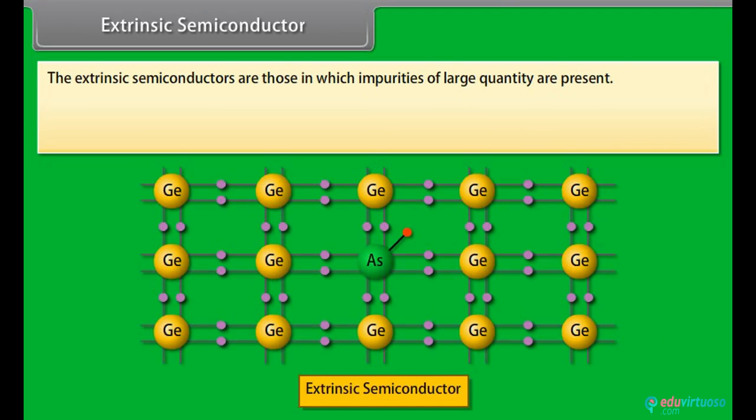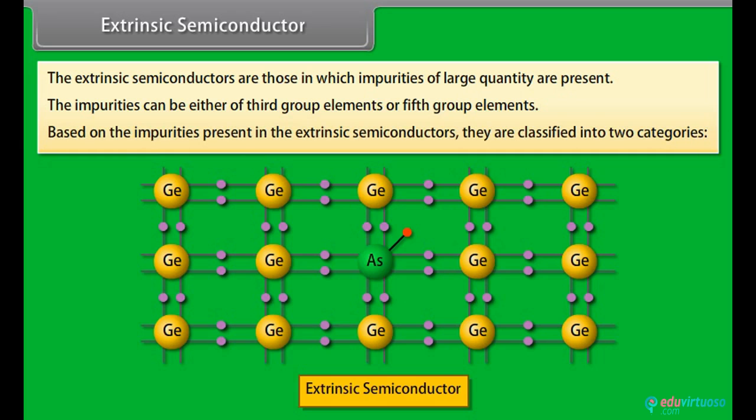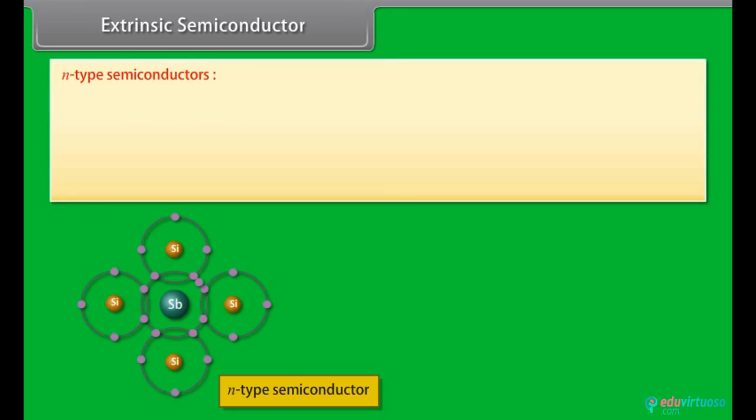Extrinsic semiconductor. Extrinsic semiconductors are those in which impurities of large quantity are present. The impurities can be either of third group elements or fifth group elements. Based on the impurities present in the extrinsic semiconductors, they are classified into 2 categories. N-type semiconductor.